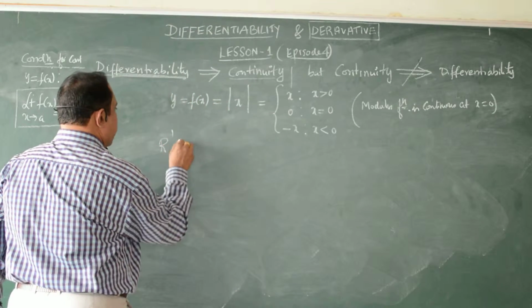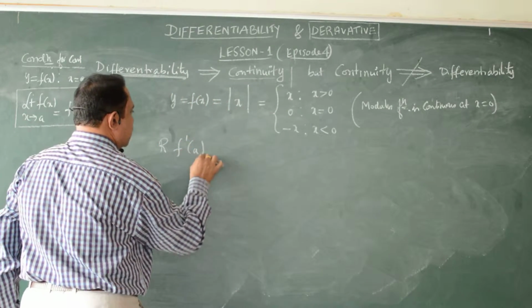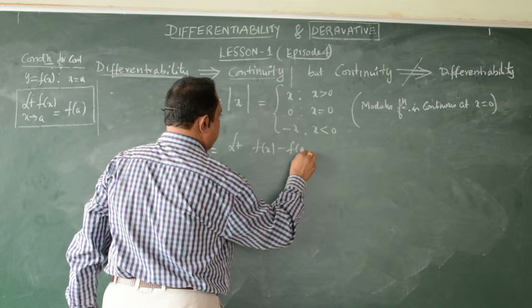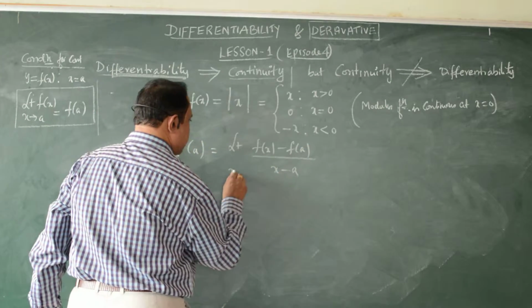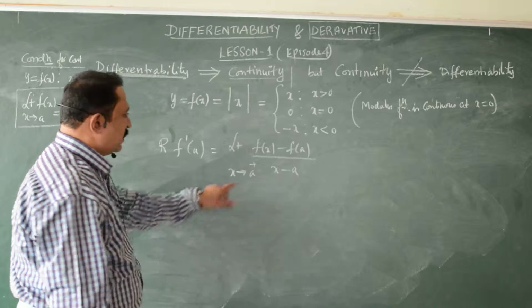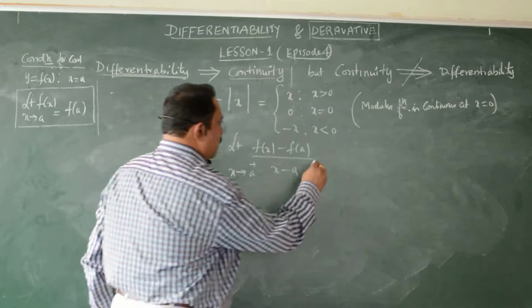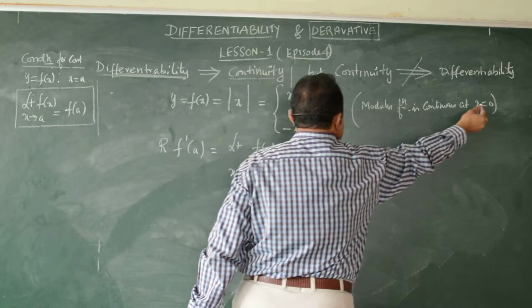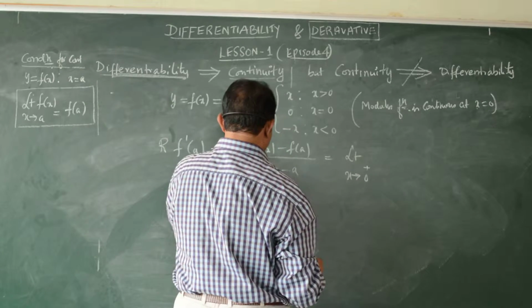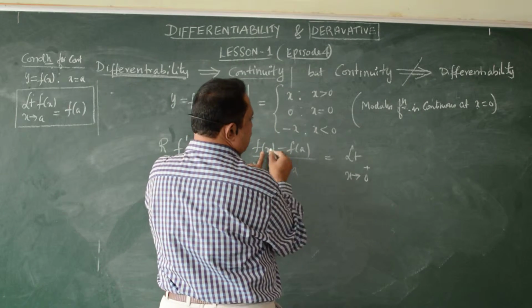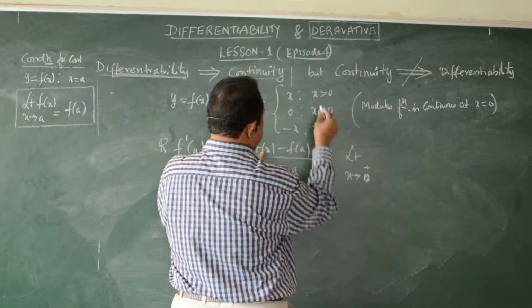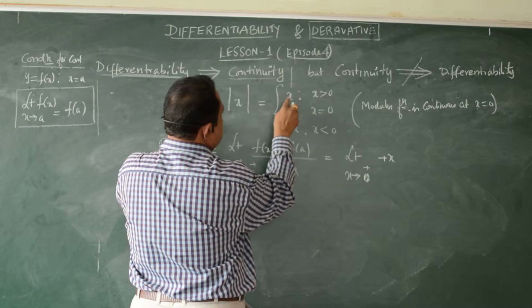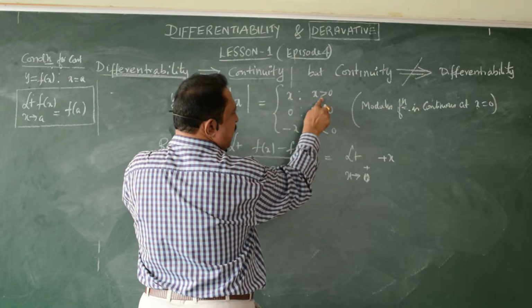So consider the right hand derivative, R f dash of a, which is limit of f of x minus f of a divided by x minus a as x tends to a plus. You know, a plus notation indicates right hand limit. Now substitute, what is the point? Here x is equal to 0, so I write 0 plus. And what is f of x? This is the set of values greater than 0, so x is positive, and f of x is equal to plus x when x is greater than 0.